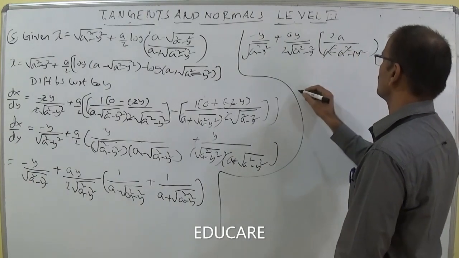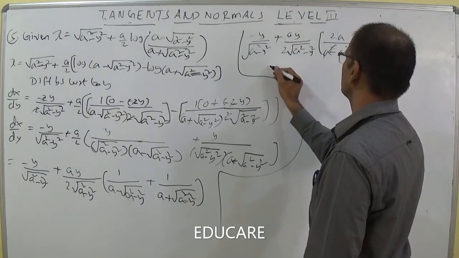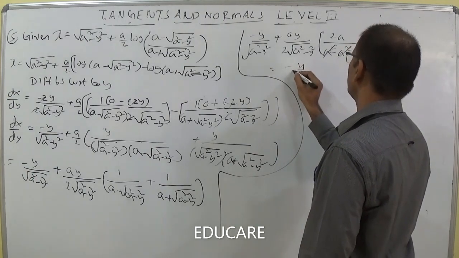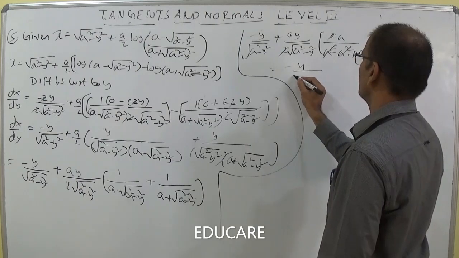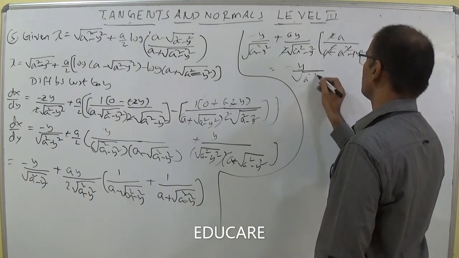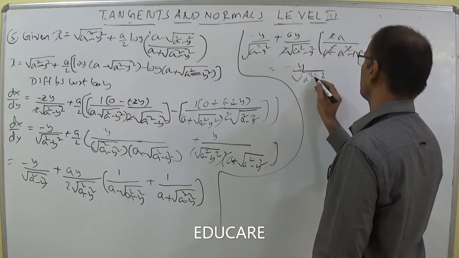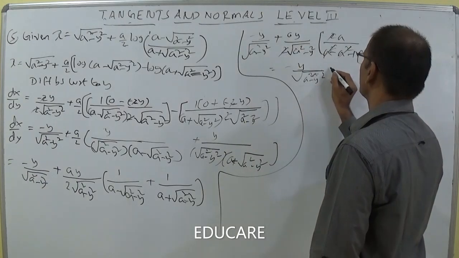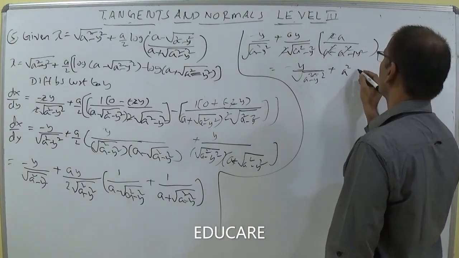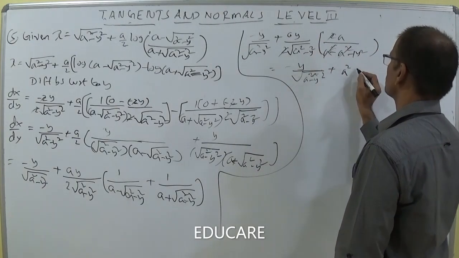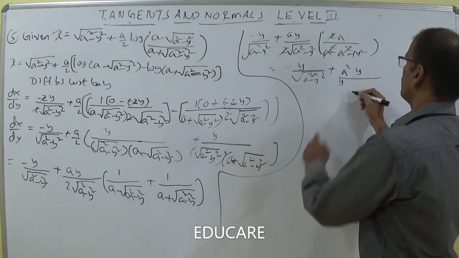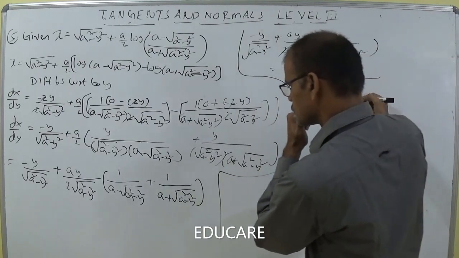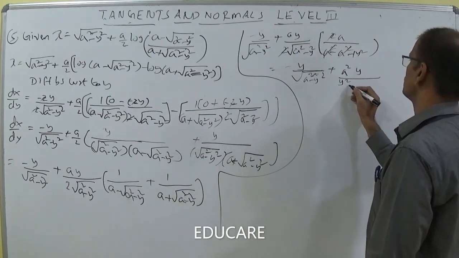A square gets cancelled. Here that is equal to minus y by, this 2 and 2 get cancelled here, minus y by root of a square minus y square plus a square y by, here y square is there, okay, y square is there.